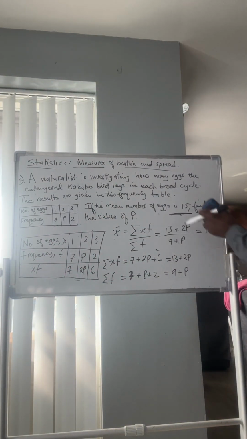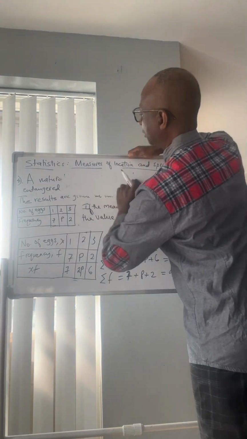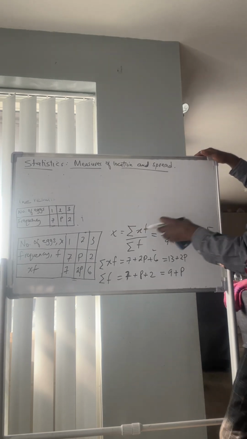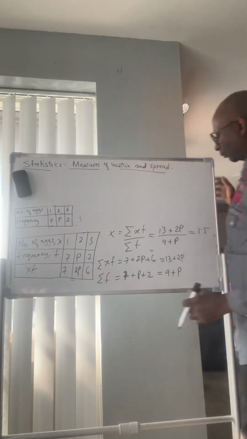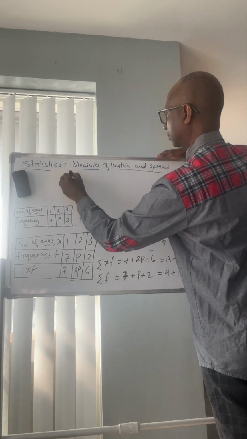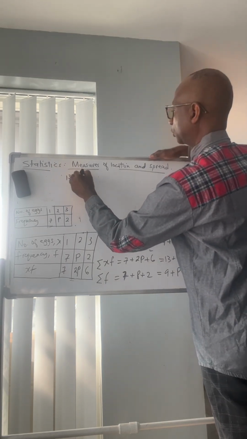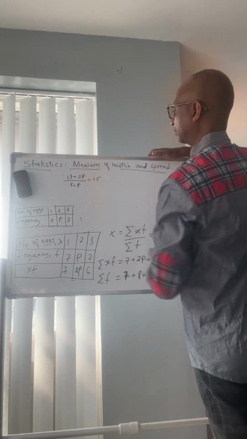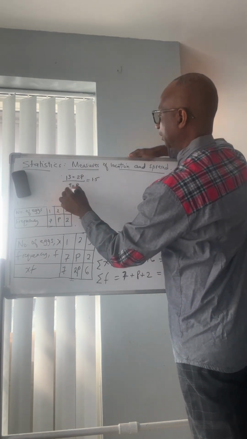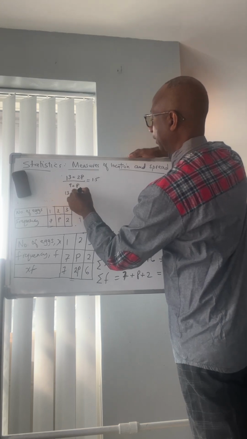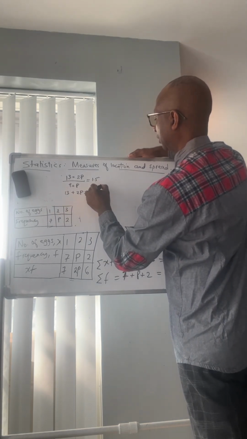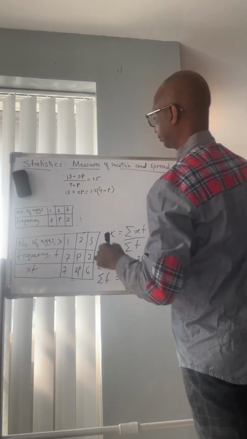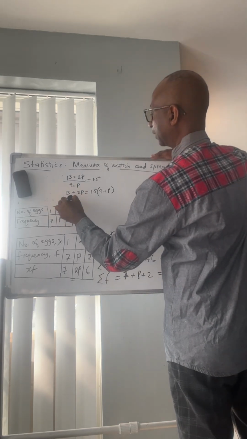I can now take this off so that I will have space to do the calculation. You now have 13 plus 2p divided by 9 plus p equals 1.5. So this will give us 13 plus 2p equals 1.5 multiplied by 9 plus p.